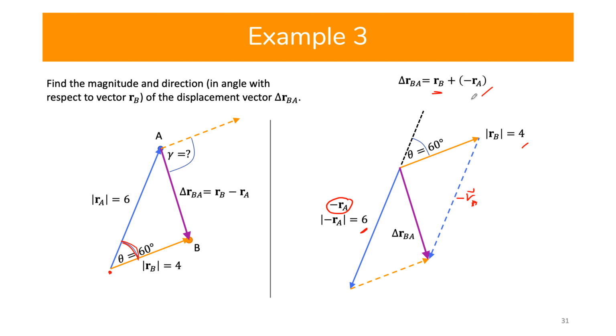But what essentially is happening is that if you do this addition, you start with RB, you attach the tail of minus RA, so you have to draw from the tail to head, and therefore this is the vector delta RBA that you are looking for.